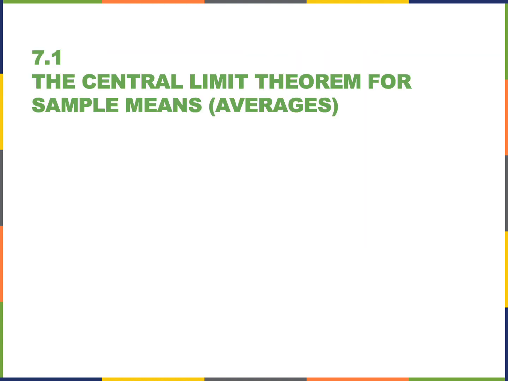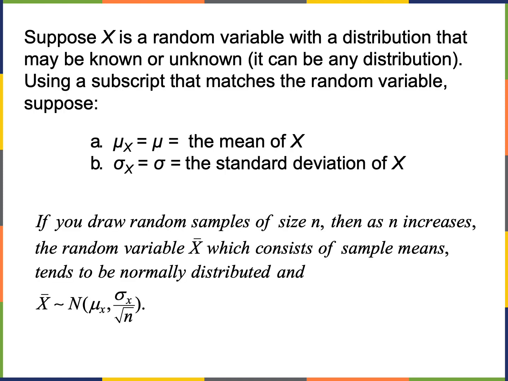So the central limit theorem for sample means is basically that. Suppose you have a random variable with some distribution. We might not know it, it could be anything. The book uses x to mean the mean of x, and sigma represents the standard deviation.